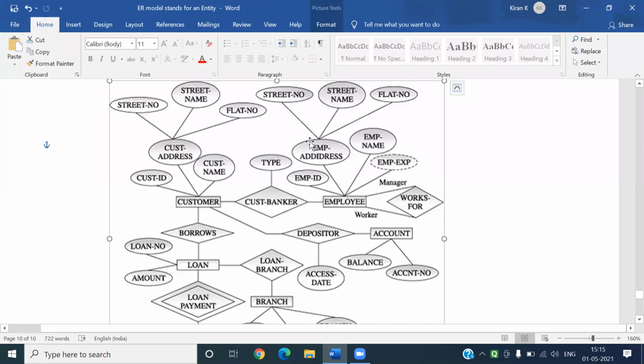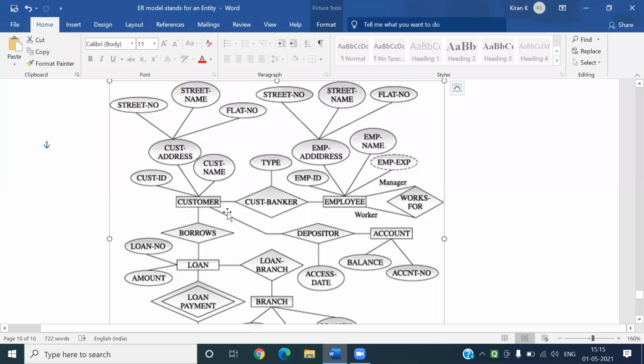This EMP address is a composite attribute. EMP ID is underlined, this is the key attribute. Employee works for the bank. So this is the employee entity.